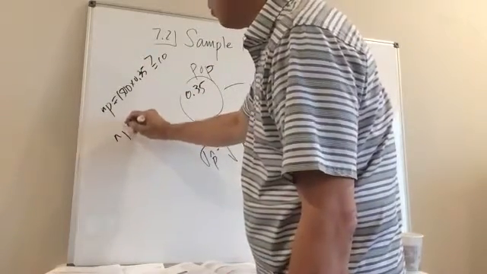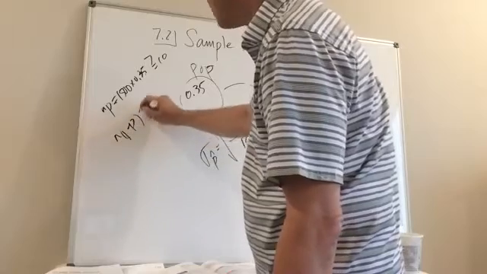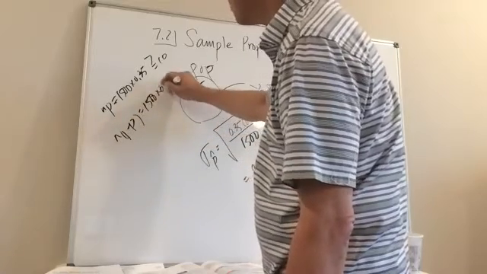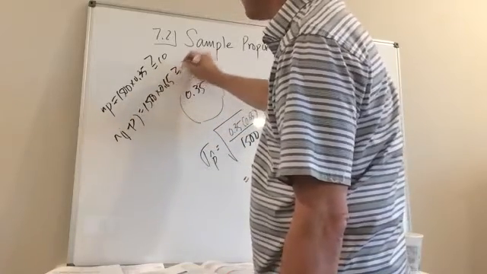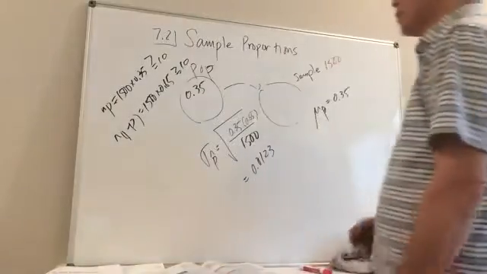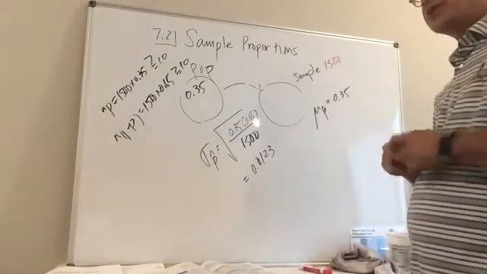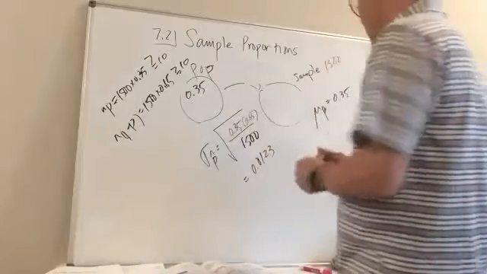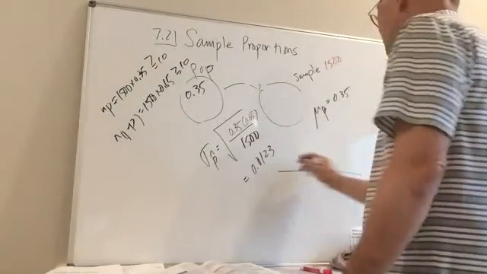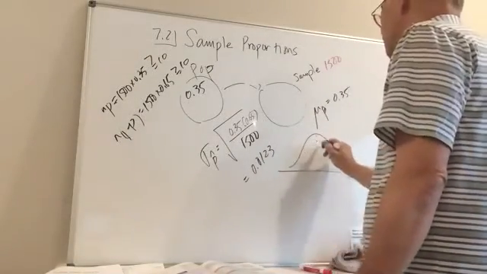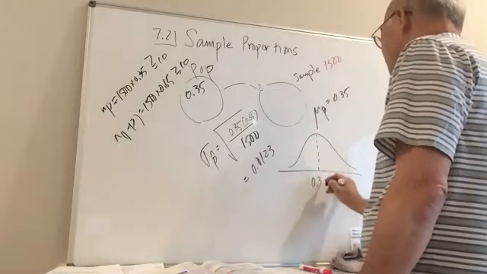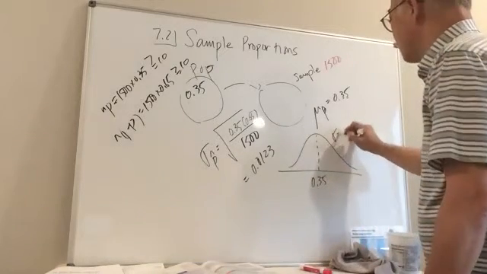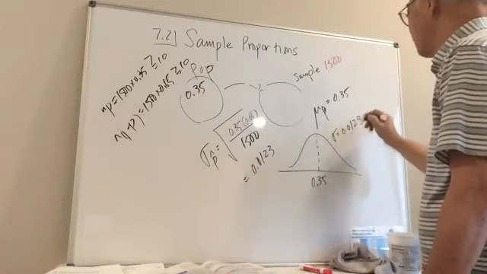And n(1 minus p) is equal to 1,500 times 0.65, and that is also greater than 10. So it does meet the large counts condition, so I can say it's a normal distribution. I'm going to draw the curve centered at 0.35 with a sigma of 0.0123.